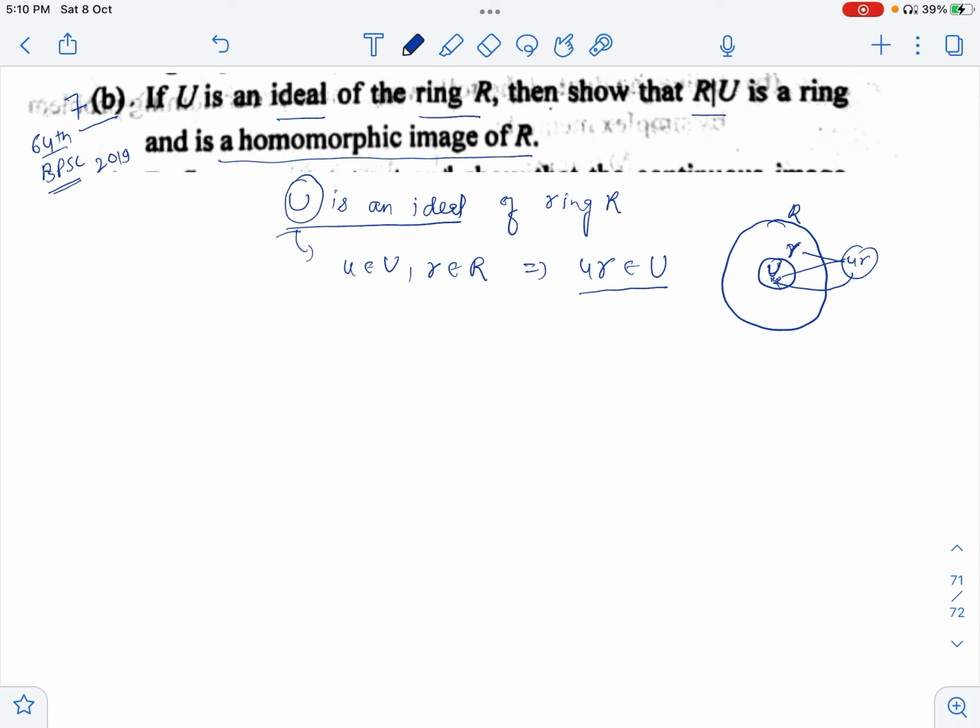So this question asks us to prove that R mod U is a ring.